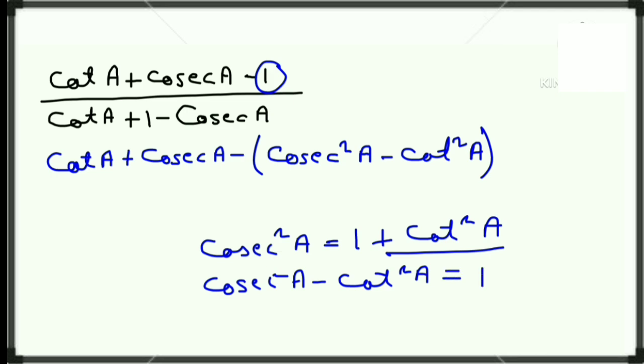So here 1 is equal to cosec square A minus cot square A. So I have written this instead of 1, right?